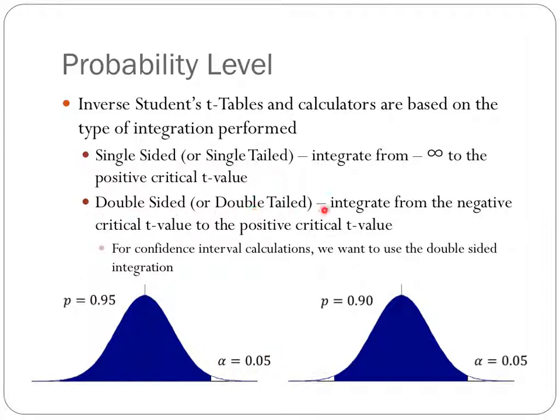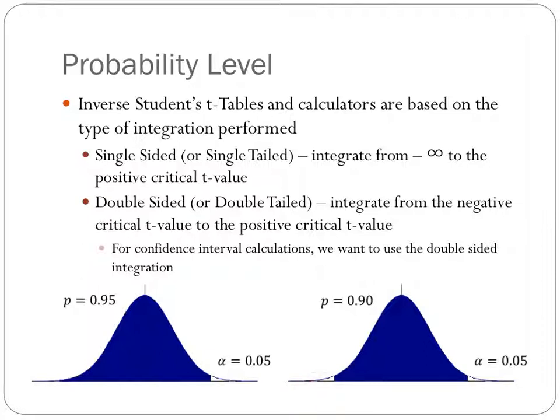Now the double-sided or double-tailed integration is going to integrate the probability density function between two critical t-values, one being a negative critical t-value and one being the same positive critical t-value. Of course, this double-sided integration is going to include areas on both sides of the distribution that are not included in the integration.